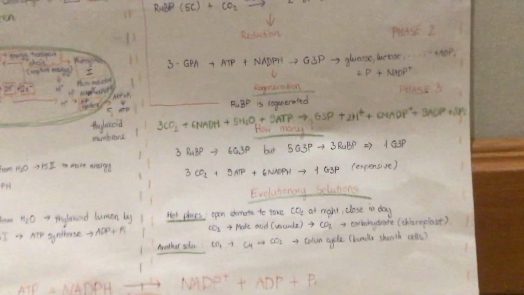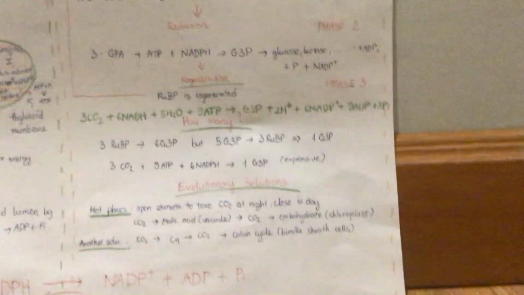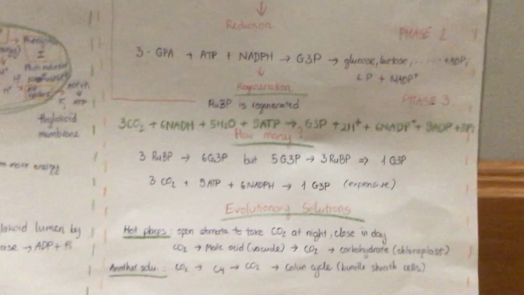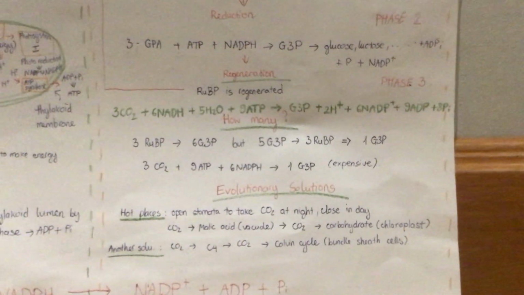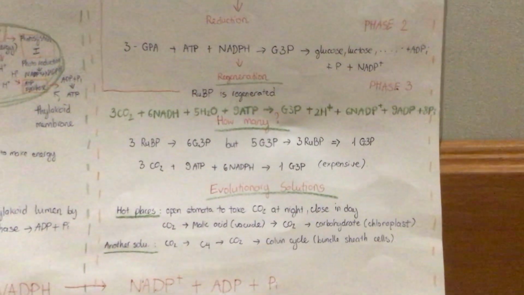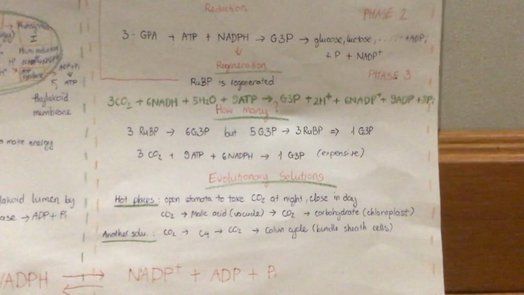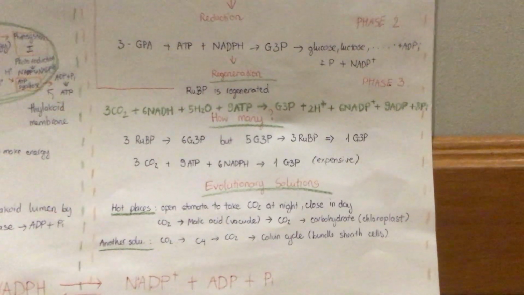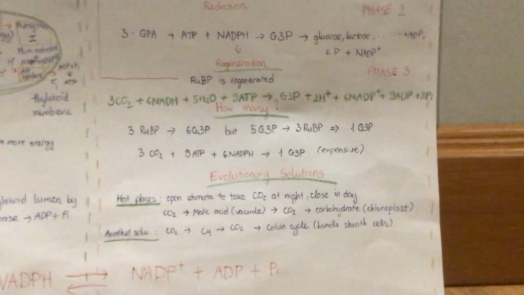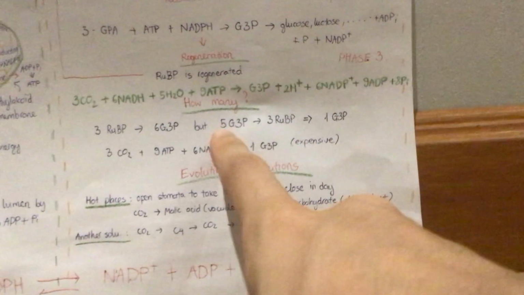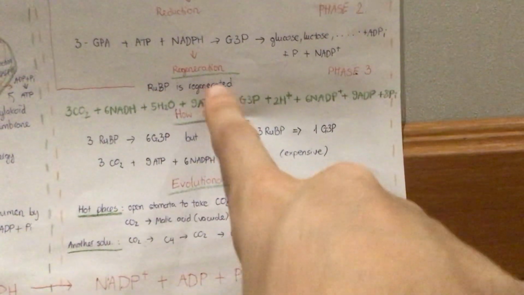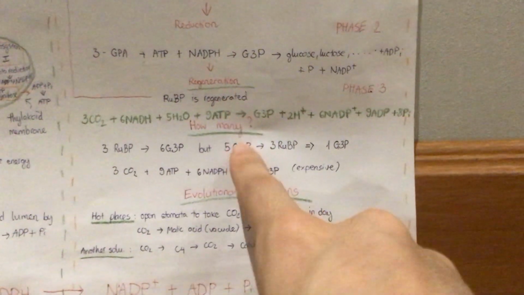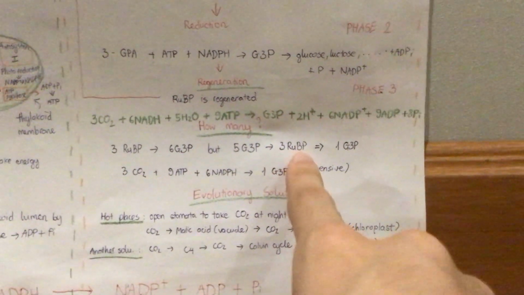So the next thing we're going to look at is the numbers. Here we have 3 RuBP. We can make 6 G3P, right? But 5 of these G3P will go through the regeneration phase to make 3 RuBP again.